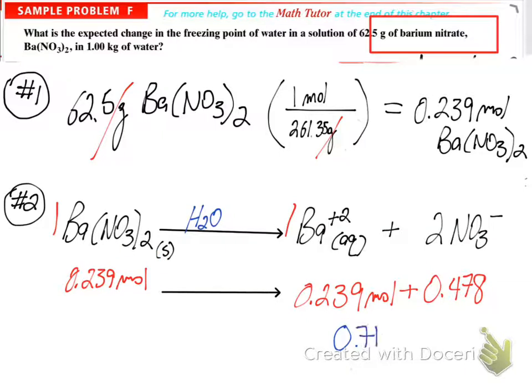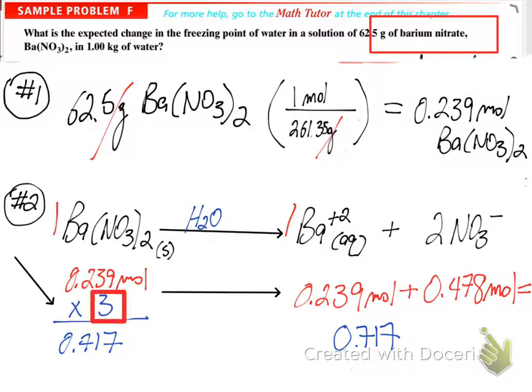And when I add all that together, I get 0.717 moles, overall moles of ions, between the 0.239 moles of the barium plus 2 and the 0.478 moles of the nitrate. Or, I multiplied 0.239 times the resultant 3 moles of ions that I got.